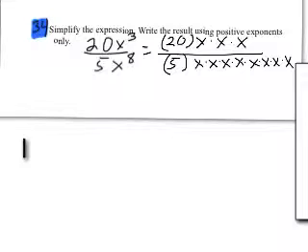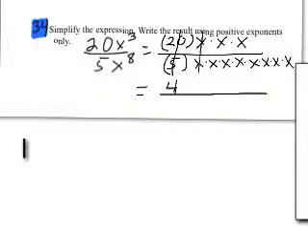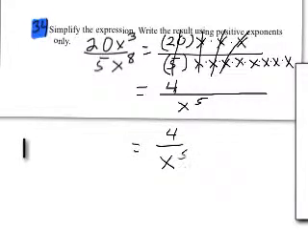Okay, we can divide the numbers, right? 5 into 20 is 4, so we've got 4 on top. Now let's see about the x's. We can cancel out x over x, x over x, x over x. How many do we have left? 1, 2, 3, 4, 5. x to the 5th power. So our answer is 4 over x to the 5th power.